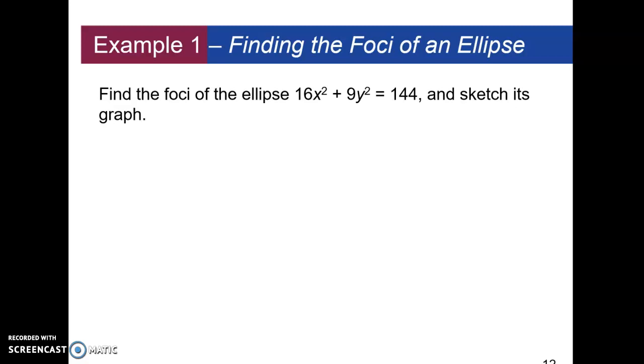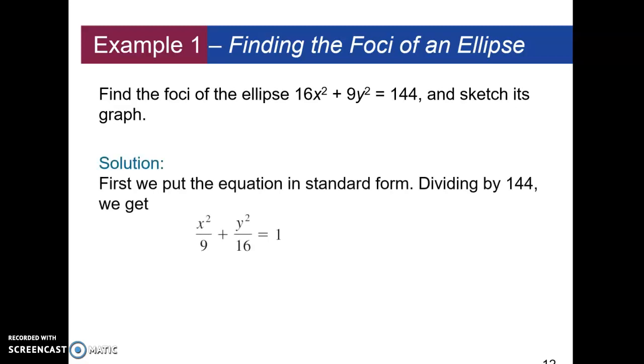So the 16x squared will become x squared over 9. The 9y squared will become y squared over 16. And then it will equal 1. So all I did to convert that to the simplest form of the equation of an ellipse is I divided everything by 144.